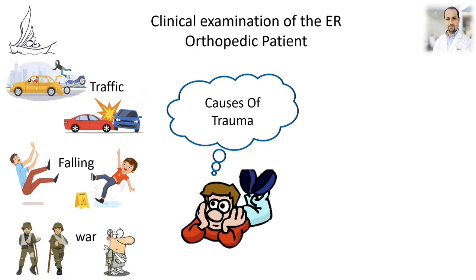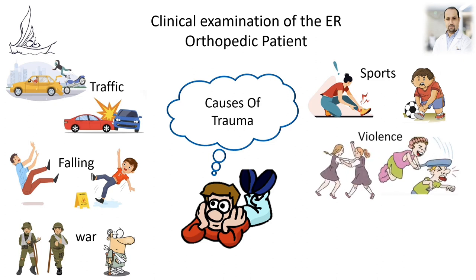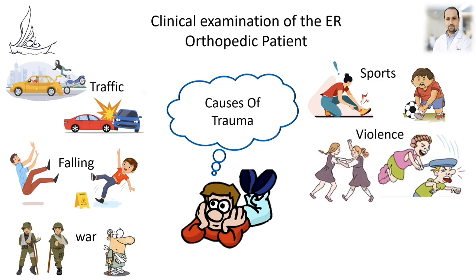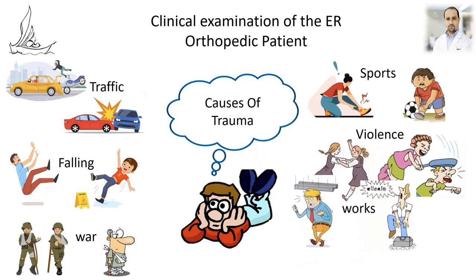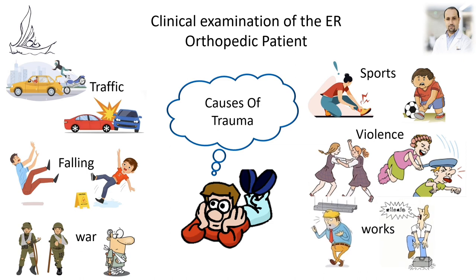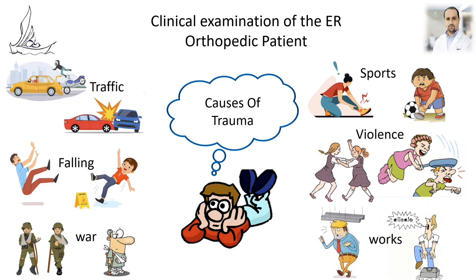Explosions and gunshots and other military works during war are very important causes of trauma. Sprains, strains, muscular or tendinous tears are very popular in sport medicine. Fighting, hitting, kicking, violence, and injuries during working may also cause many kinds of trauma.